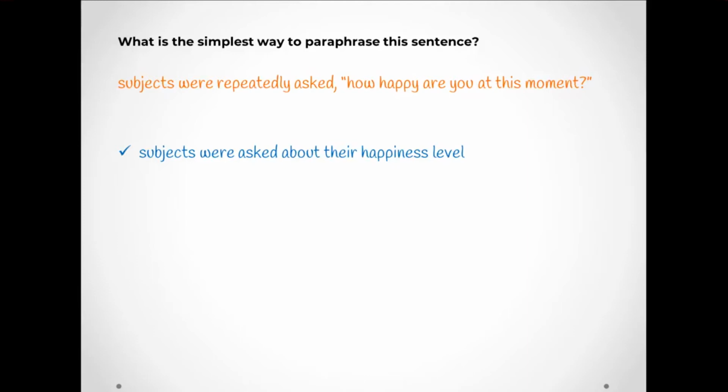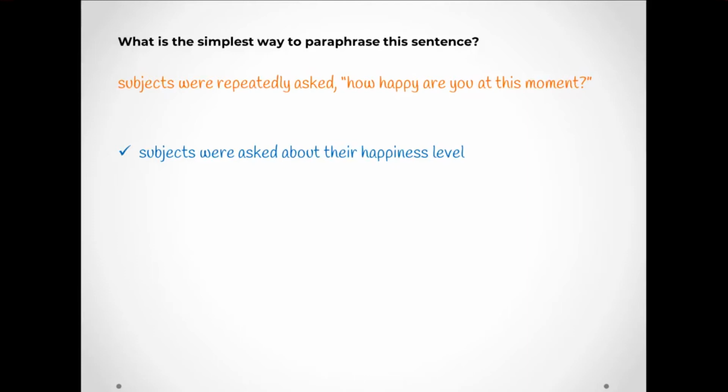Happy is a feeling, about happiness, and they are asking how much of that happiness they have. So they're talking about a level of that feeling. She got that it was about happiness level. That was her way to say the same thing, even shorter, and she kept the main idea of the line. This one is clarified. I think this one is more correct, I suppose.